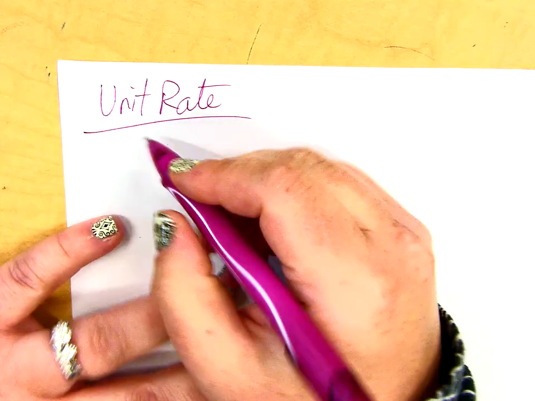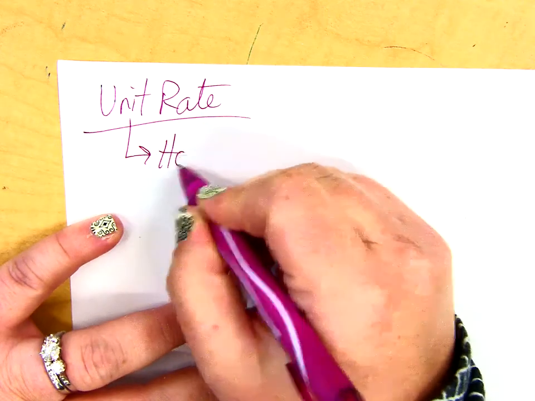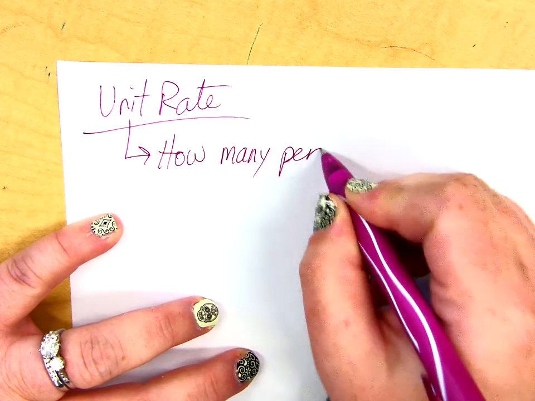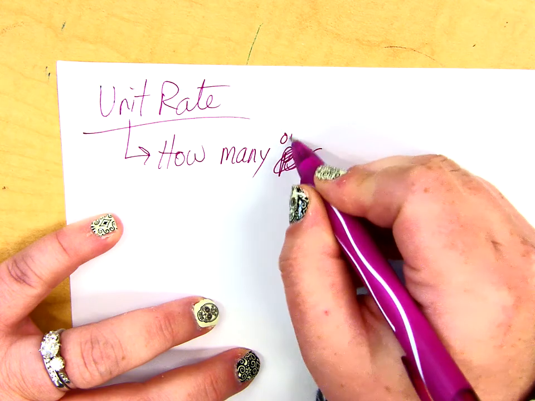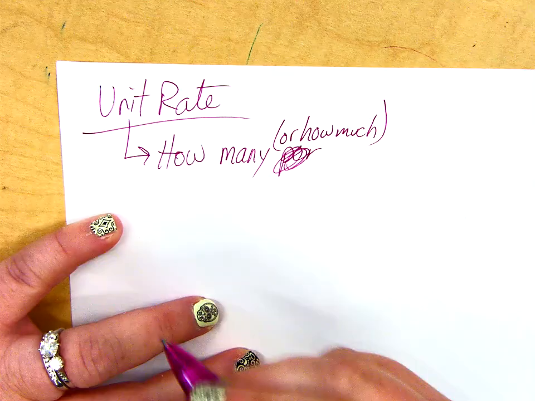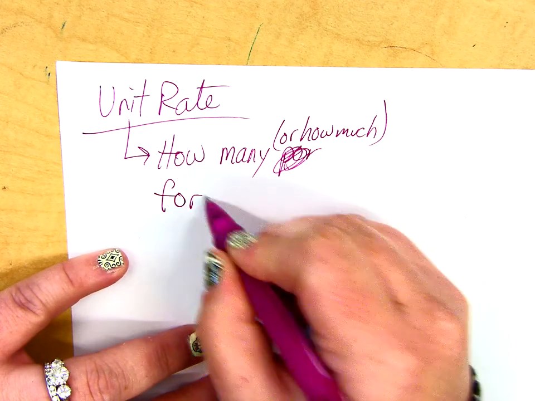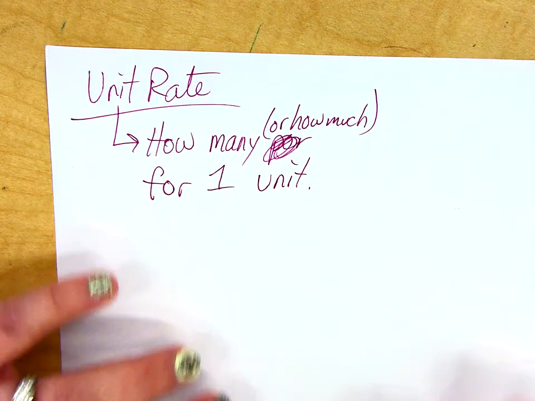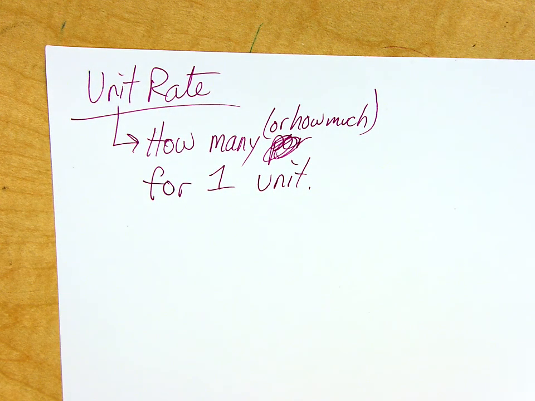So unit rate is how many or how much for one unit. Okay, so in that example, the unit was how much money for one trash bag.